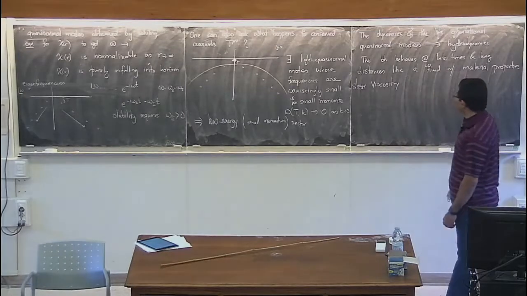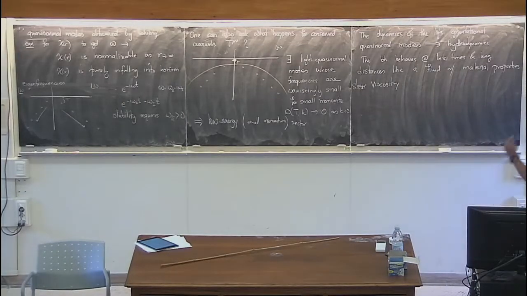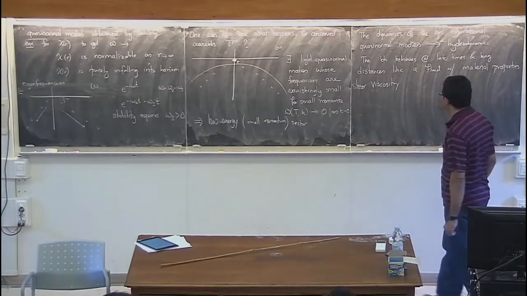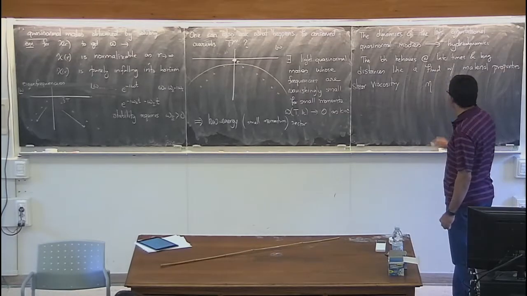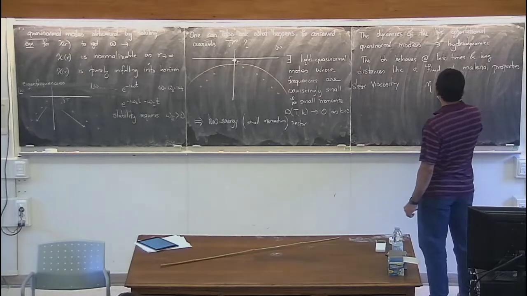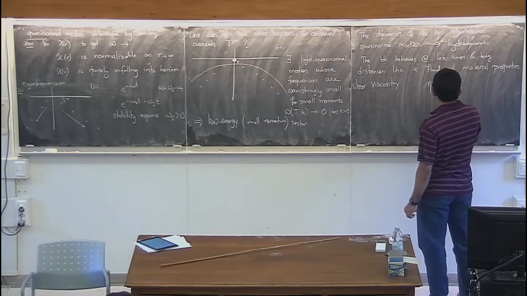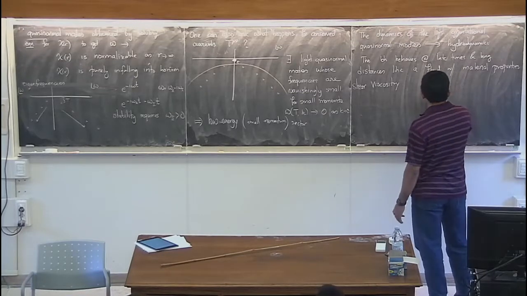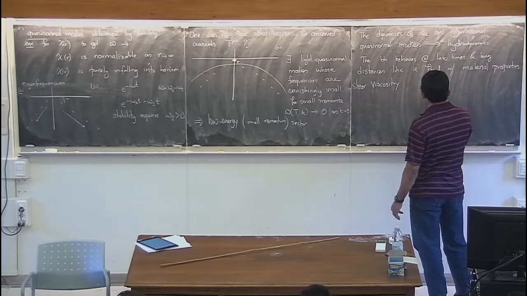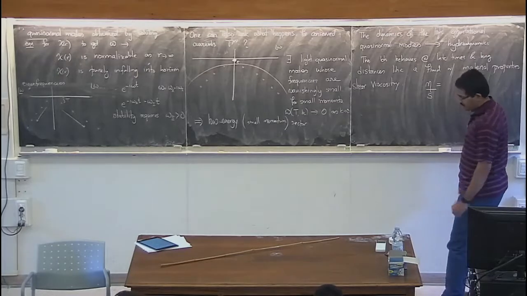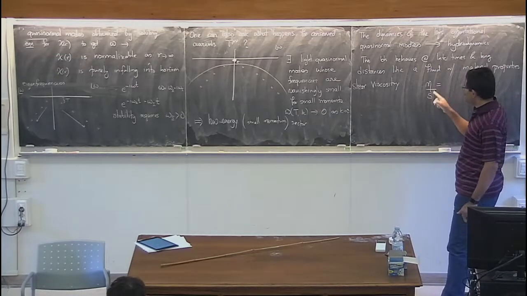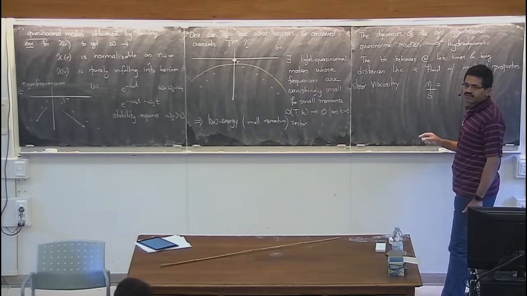Now, the reason this became very interesting is people did this computation. This was done in 2001 by Policastro, Son and Starinets, and they found that the shear viscosity could be expressed as some number. Now this has dimensions, and the right way to compare across different materials is to normalize the shear viscosity to the entropy density.